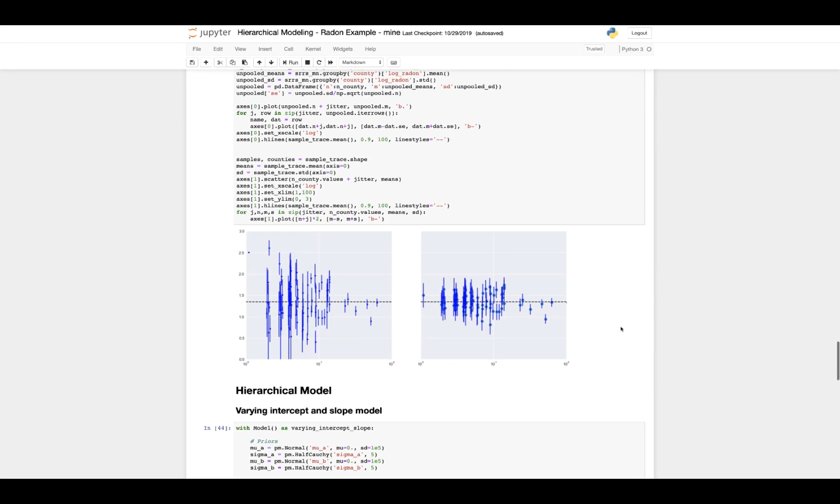The model results are here, and you can see what we've done is on the left we've plotted the unpooled case, and on the x-axis we have the population size of the counties, and on the y-axis we have the prediction of radon. The one on the left is the unpooled case, and the one on the right is the partial pooling result.